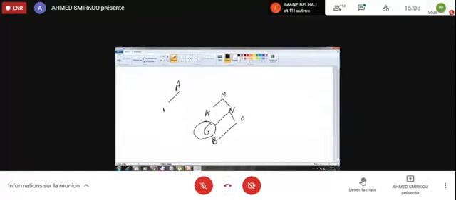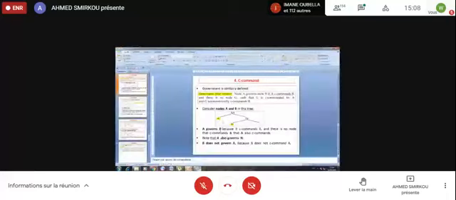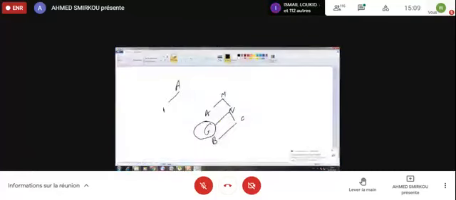So the same thing. The only difference is that here we have another node, which is G, that also segments B.